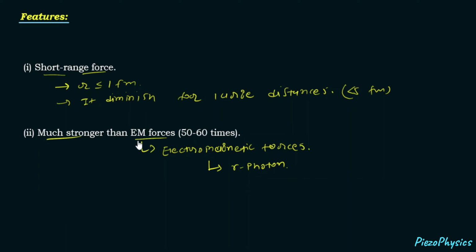And the strong force, मतलब कि nuclear force को हम strong force भी बोलते हैं, it is stronger than EM force. Third point is charge independent. It means nuclear force between proton-proton, proton-neutron, and neutron-neutron is almost the same. It means it doesn't depend on the charge of the nucleons.